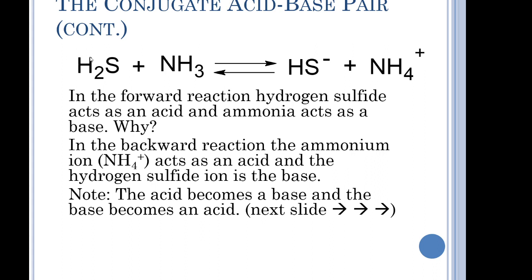Now, let's do this. This is a weak acid.